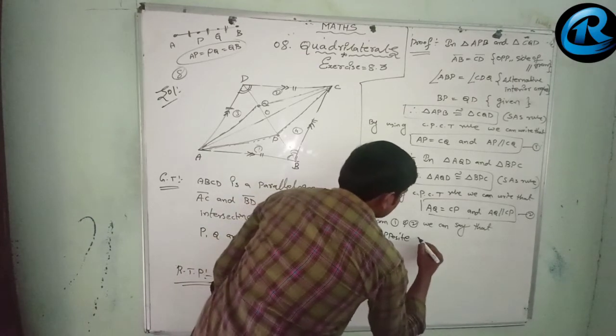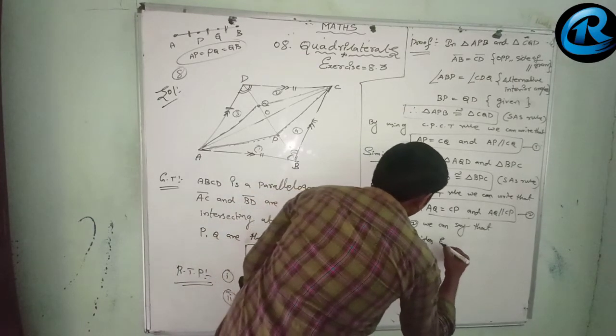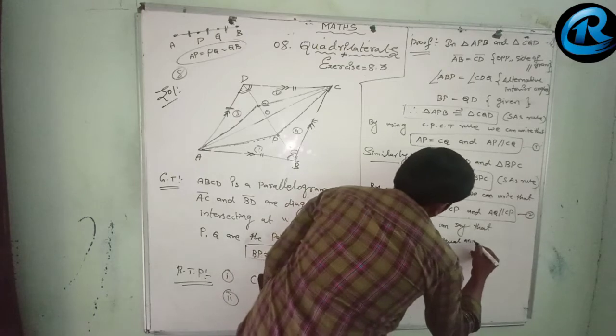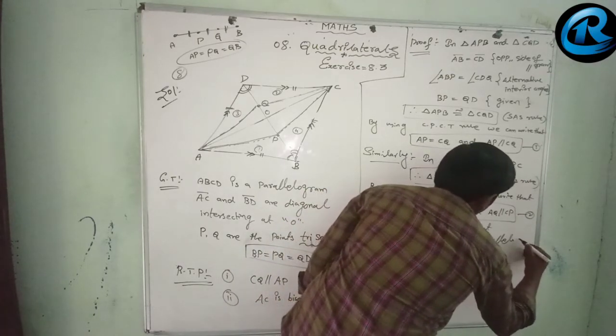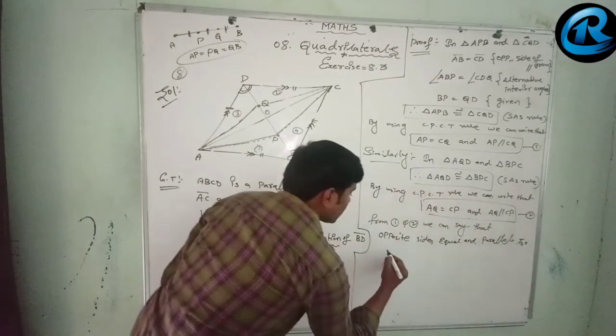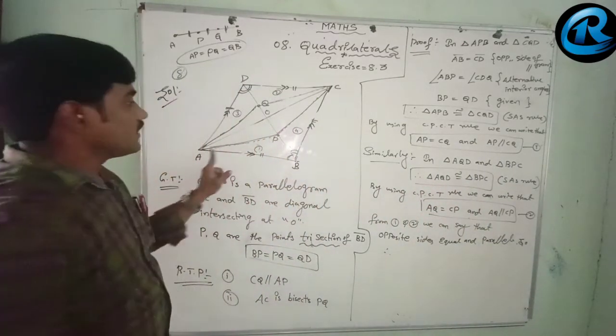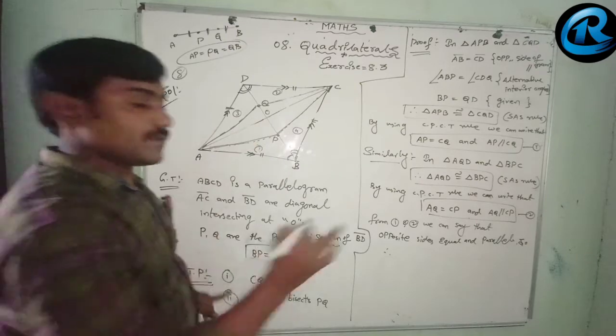Opposite sides equal and parallel. So we can write, therefore, APCQ is a parallelogram.